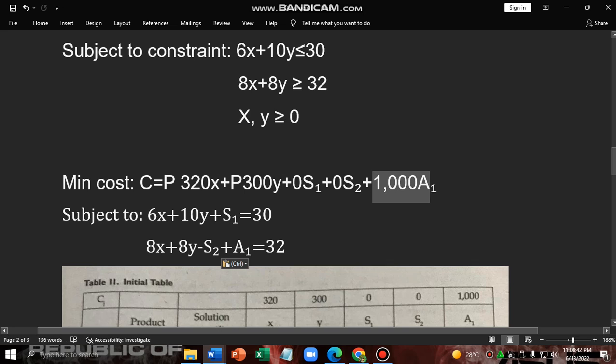If the highest number were 2, it would be 10 squared. Since in this problem the highest number is 3, 10 cubed, the answer is 1,000 A sub 1.